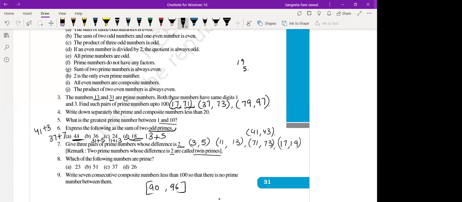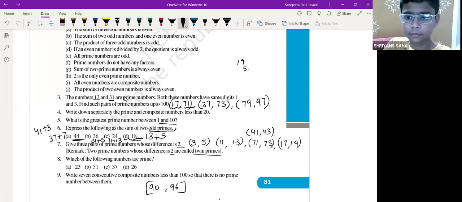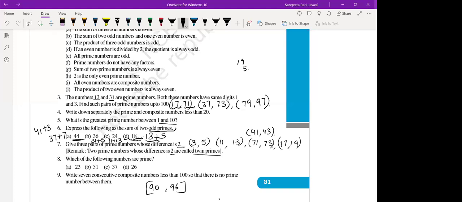Okay, tell me for 18, Shreyansh. 13 and 5 is already written. Tell me something different. Ma'am, 13 plus 5. Yes, 13 plus 5 is correct.